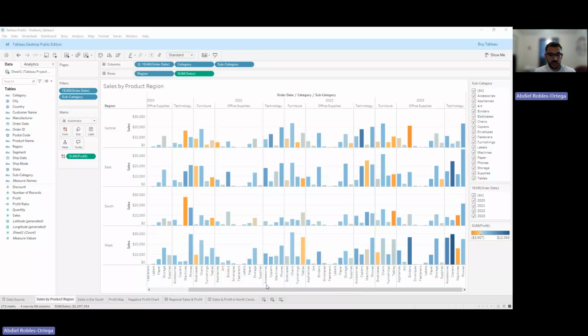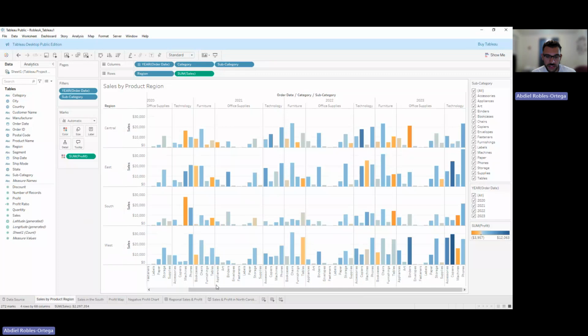My major is accountancy and analytics. So today I will be showing my Tableau project one. If we head over here to the file, first we start off on the first sheet, which is sales by product region. In this sheet, we can see the sales in each region: Central, the Eastern region, Southern region, and the Western region.